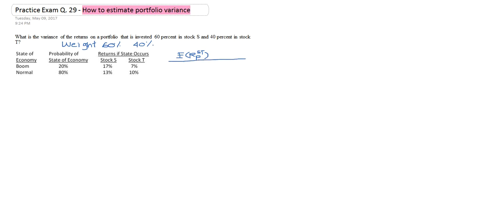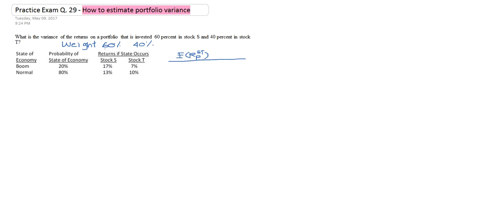For the first state, just ignore this part first. We focus simply on the return and the weight. In the boom state, what will be your expected return of the portfolio? At this state stock S gives you 17% return and stock T gives you 7% return.